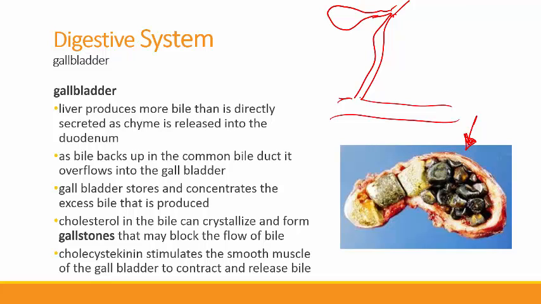So there's a sphincter muscle here that controls the flow of bile into the duodenum, and so it's not open all the time. But the liver is constantly dripping down the bile that it's making, and so the bile duct will fill, and when it gets up to the level of the duct that leads into the gallbladder, then the overflow fills up into the gallbladder as well, and then keeps filling.